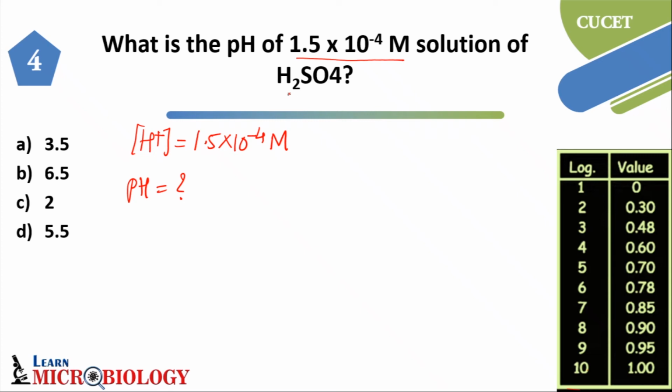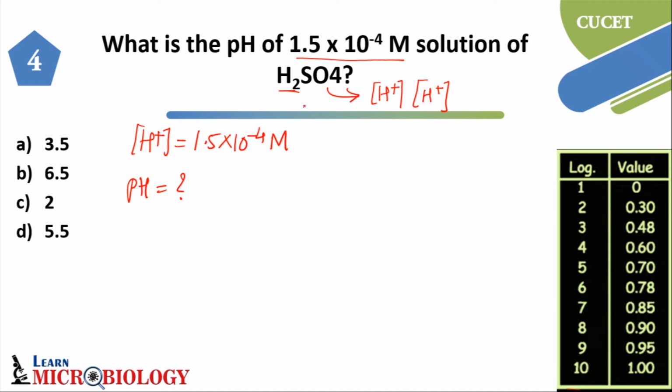As you can see over here, the solution is H2SO4, which is a strong acid, which will be completely dissociable, correct? It has 2 hydrogens. Can you see? So when this molecule dissociates, it is going to produce 2 H plus ions, correct? And the provided concentration is for 1 H plus.